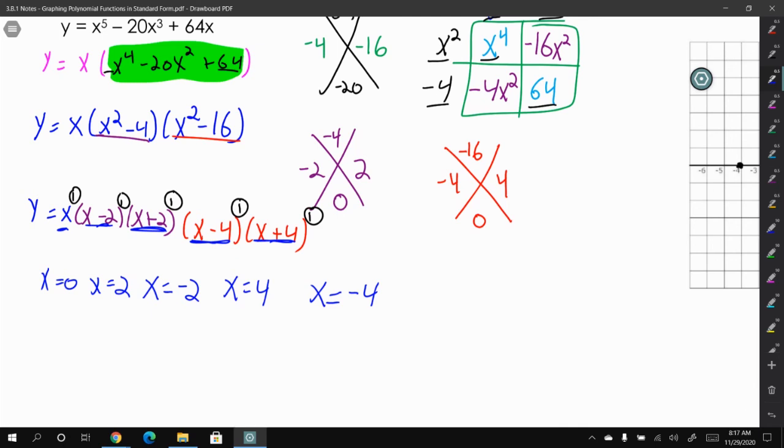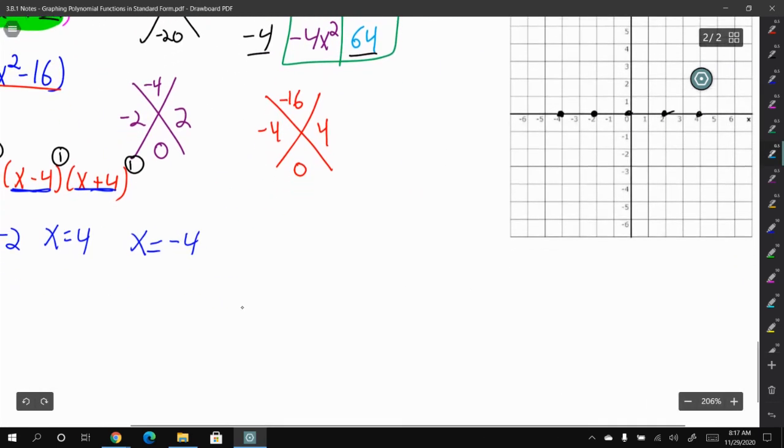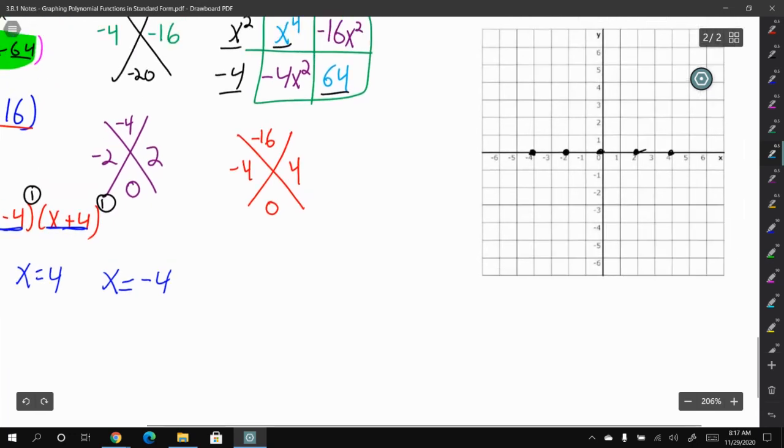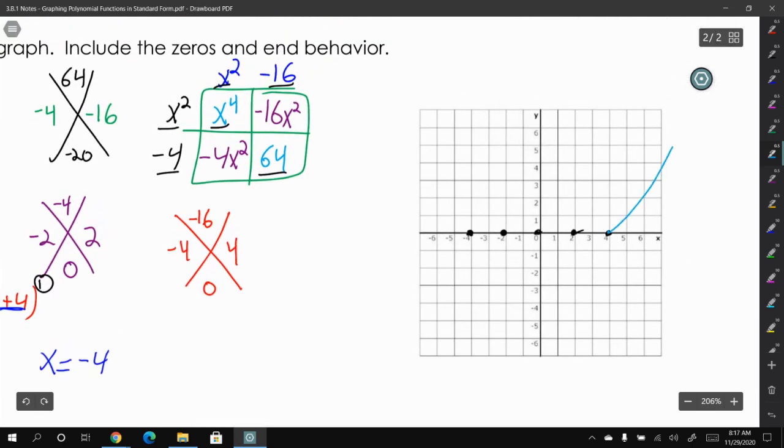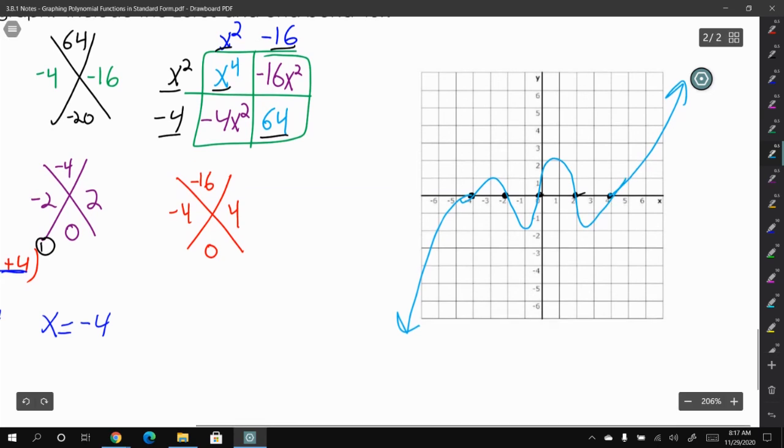And this is a fifth degree function with a positive leading coefficient. So the right side is going up, and the left side must go down. And because we don't have any even degree factors, we're going to cross at all of our x-intercepts. So your function will look something like that.